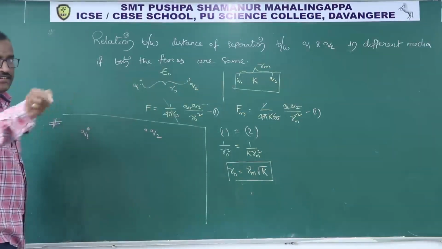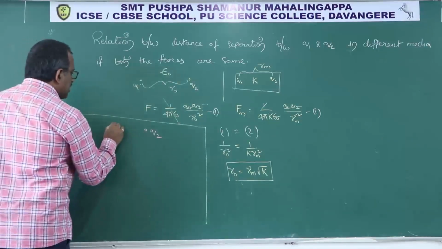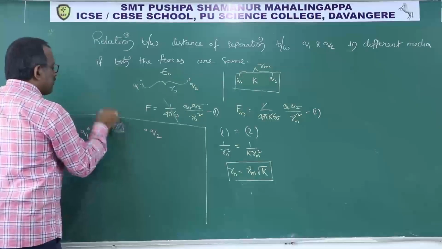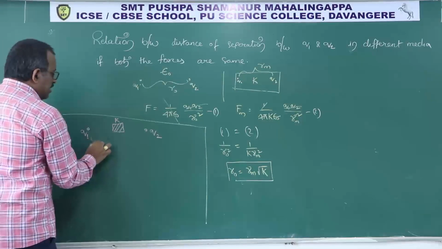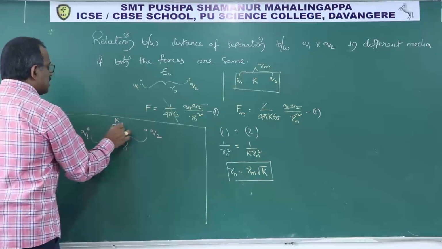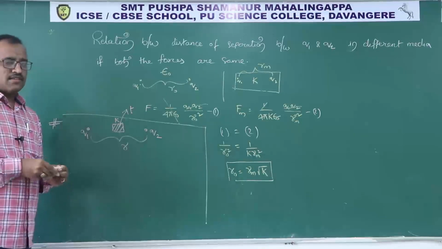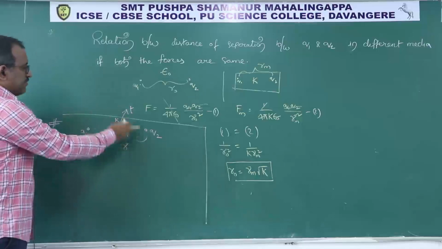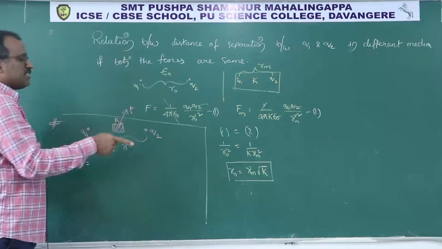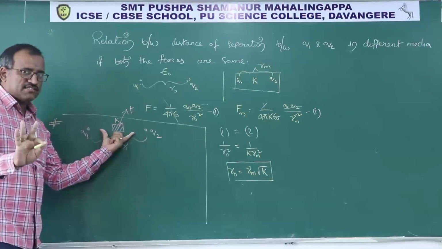This is Q1, this is Q2, and there is a small dielectric of dielectric constant K, and the gap between them is R. And the medium thickness is T. So you see here, what is the force? I want to remove this so that the force should not change.